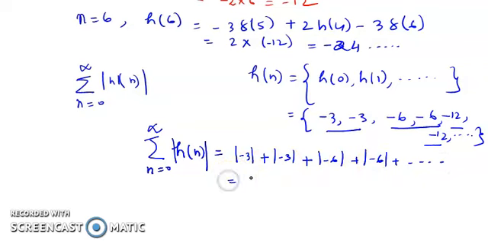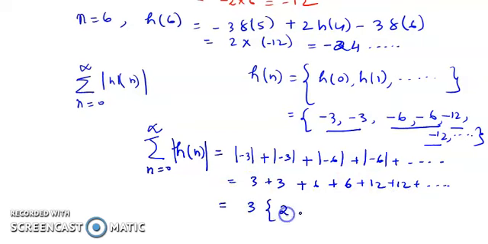So this way you will get 3 plus 3 plus 6 plus 6 plus 12 plus 12 plus dot dot dot. So if you take 3 common here, then you will get 2, 2, then 4, then your other term is 3 into 12, 12, 24, this will be 8.